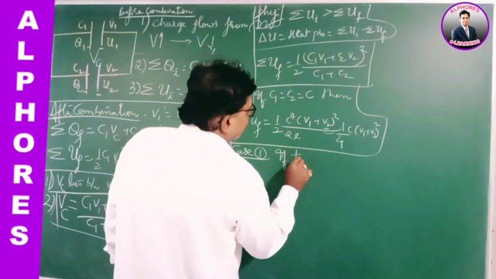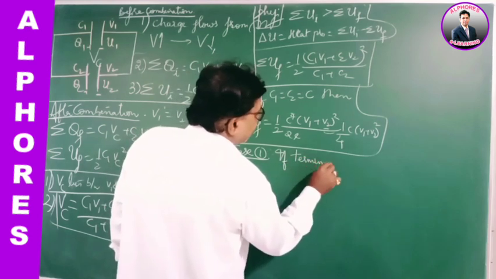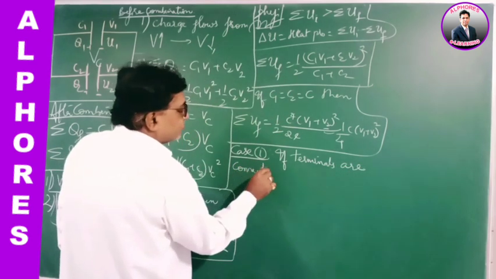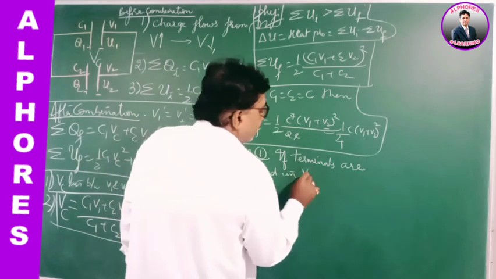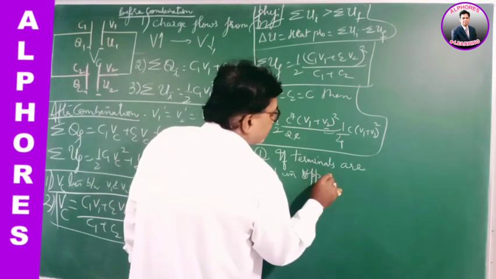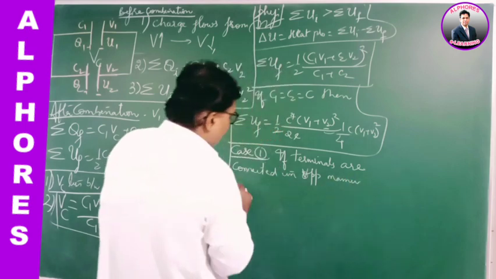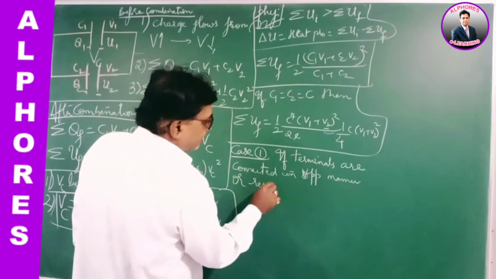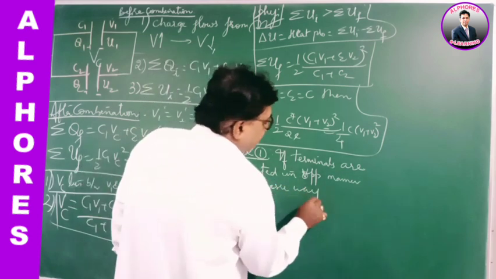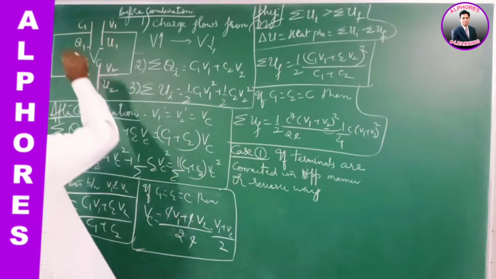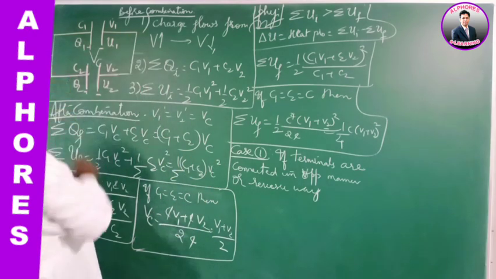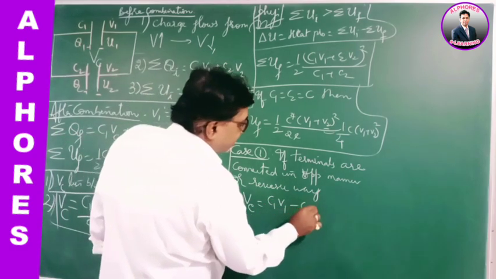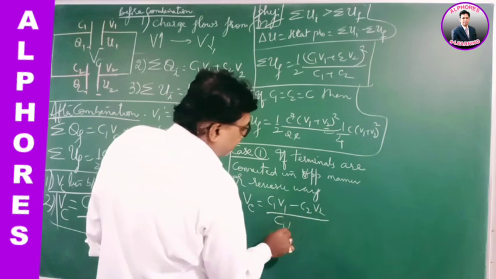If the terminals are connected in reverse, in opposite manner, or in reverse way, that is plus is connected to minus and minus is connected to plus, then the common potential will be (C1 V1 minus C2 V2) by (C1 + C2).